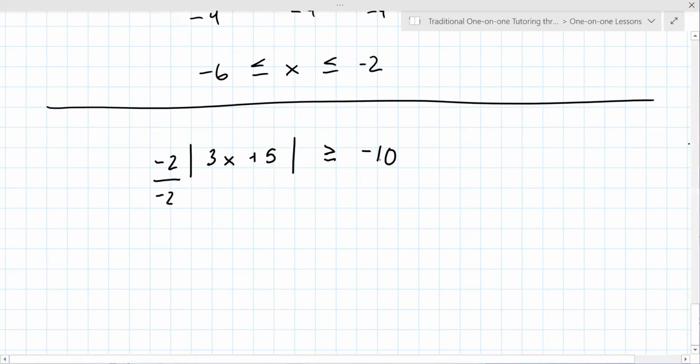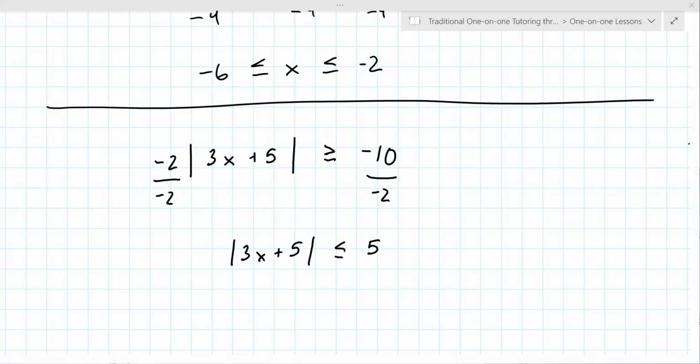When you divide by -2, 3x plus 5 is less than or equal to 5. And now it's in the right form. Then you can continue the problem like all the others. Why don't you go ahead and try solving this one, please? It's a little bit different from before.